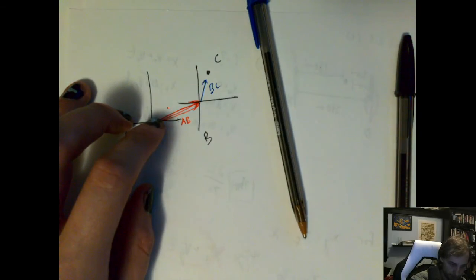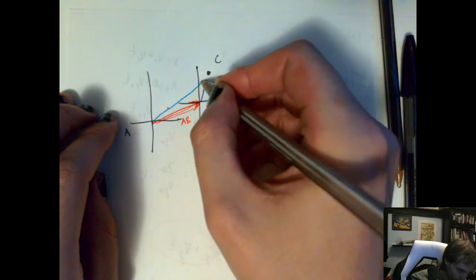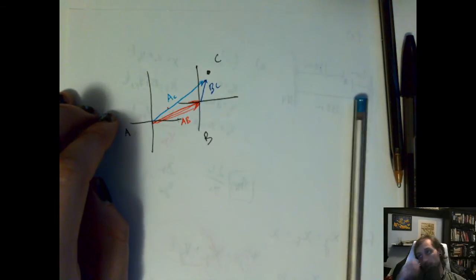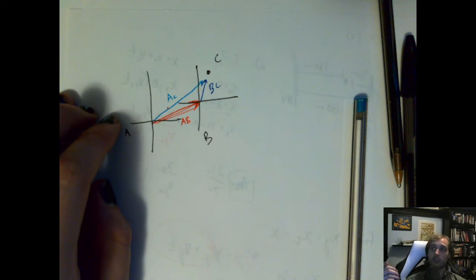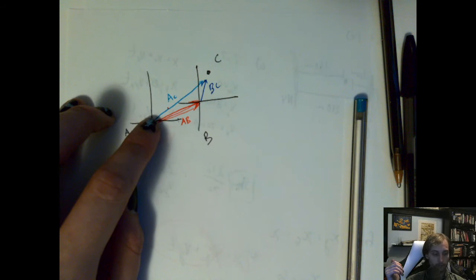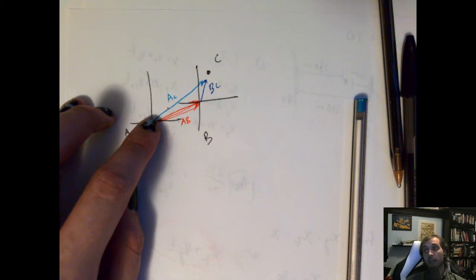But from A, it looks something like this. And what's neat about that is that you can use the basis of vector addition to add these vectors together and use that to give you a relationship.